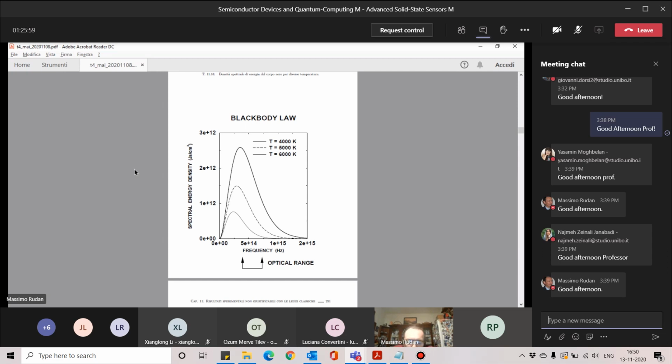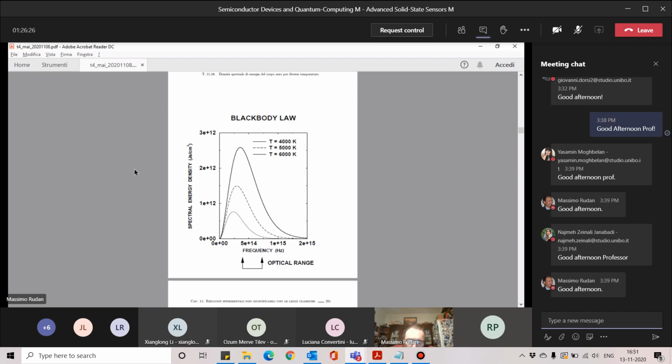The important thing is that the curves have a peak, and that when you increase the temperature, the value of the peak increases, which is reasonable because more temperature means that you have injected more energy, okay?